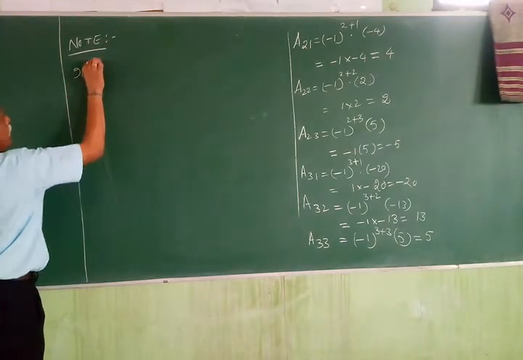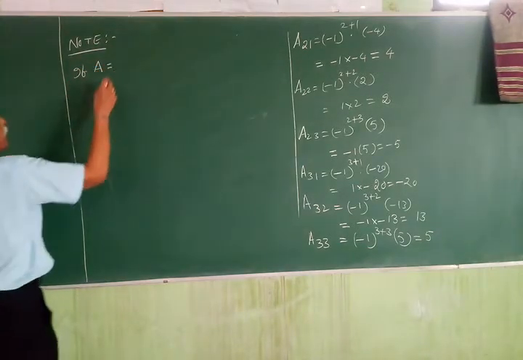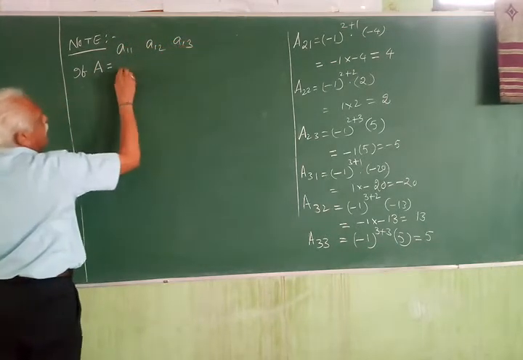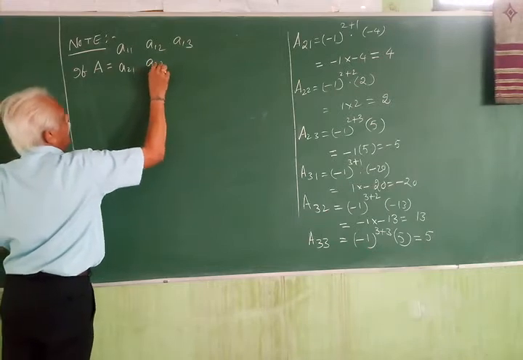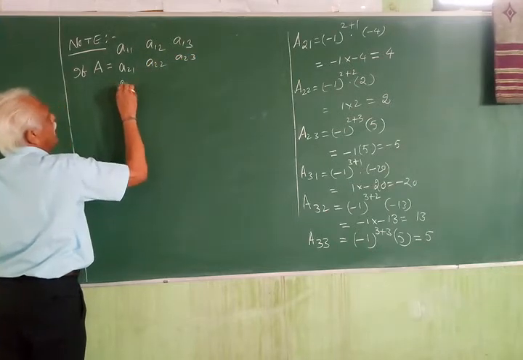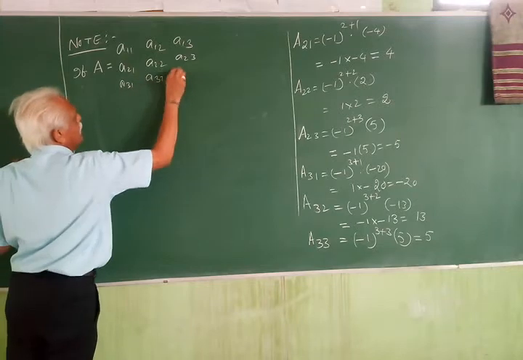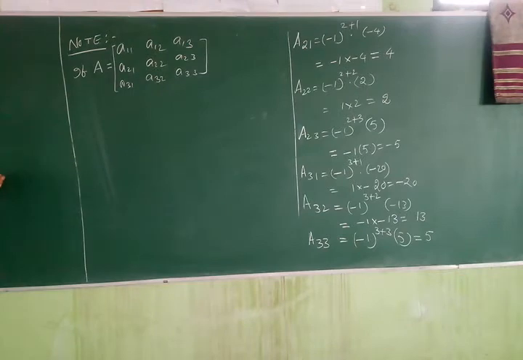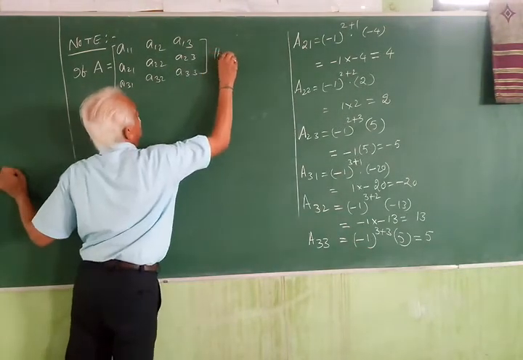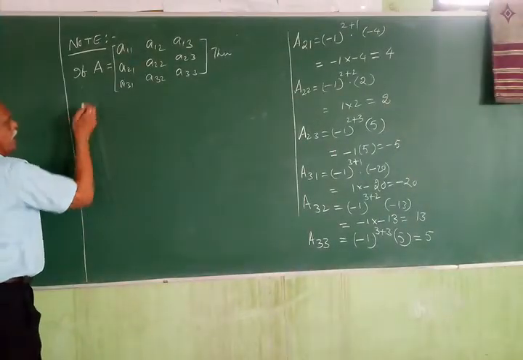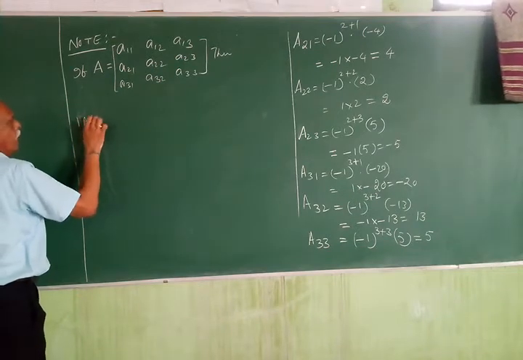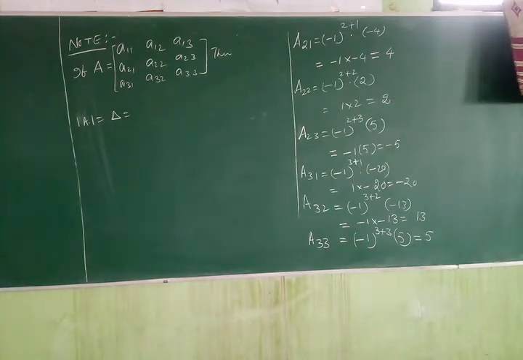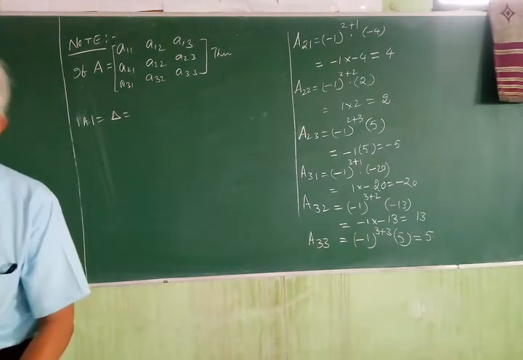If A is equal to the matrix A11, A12, A13, A21, A22, A23, A31, A32, A33, then the determinant of A is denoted by delta. Already I gave notes on this.